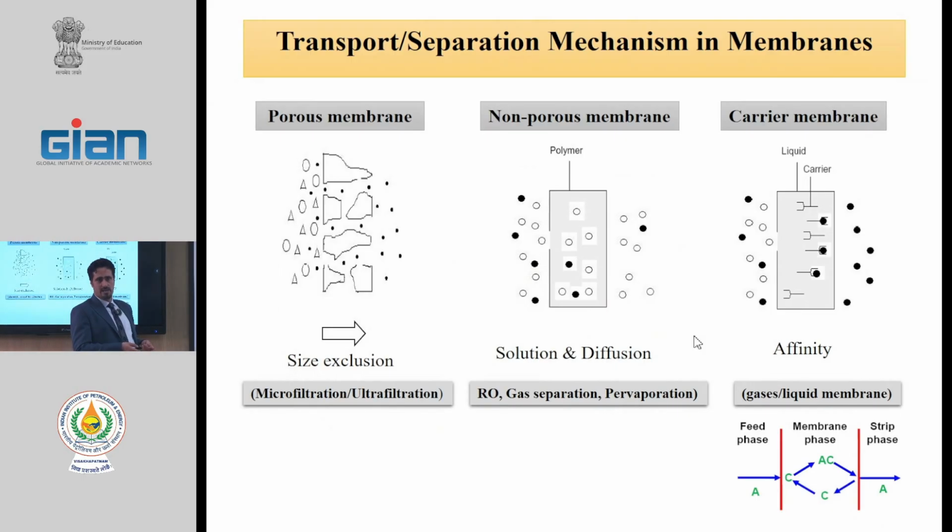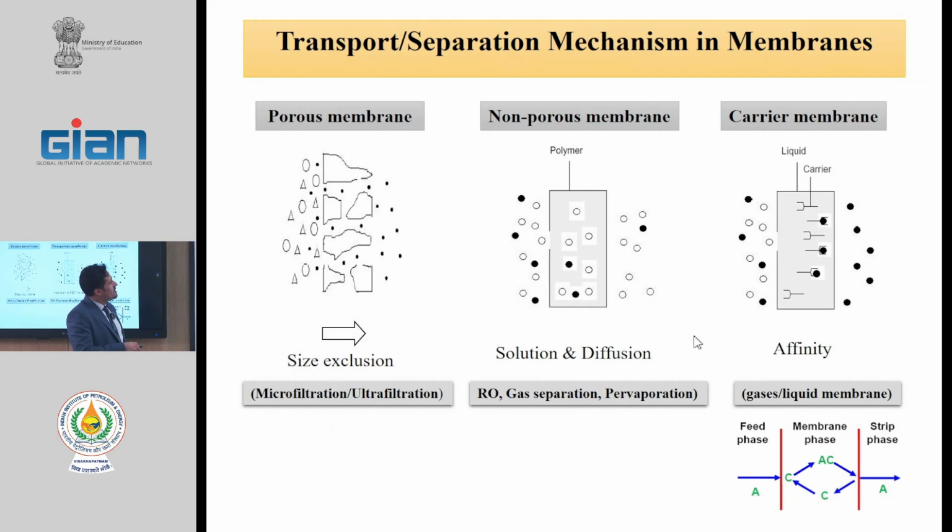In this case, we have the solution diffusion mechanism. We have two steps. First, molecules should be adsorbed on the membrane surface. For this adsorption, we need affinity, functional groups to interact with the molecules. After adsorption, in the second step, the molecules should be diffused across the membrane. The flux of solution diffusion is very low, and the flux of the porous membranes is high.